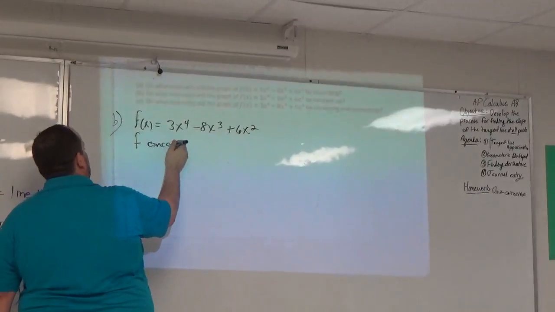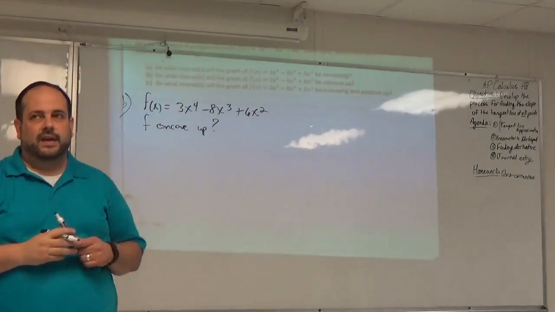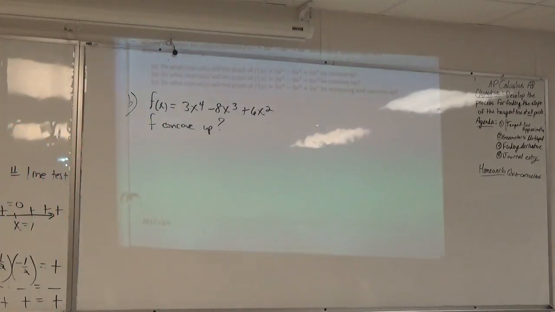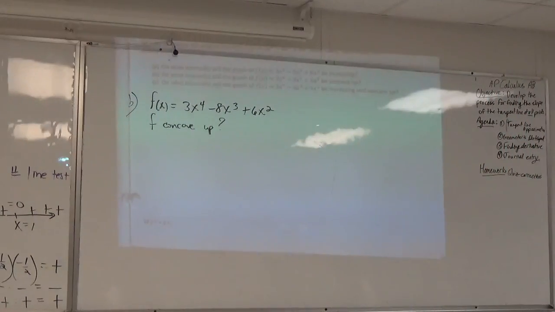F concave up. The point of it is, if F is concave up, what do you know for sure? F is concave up. What do we know for sure?